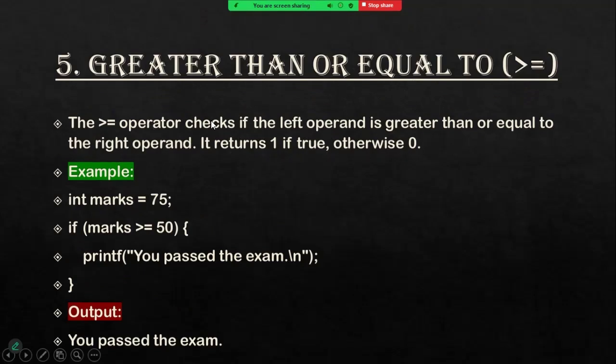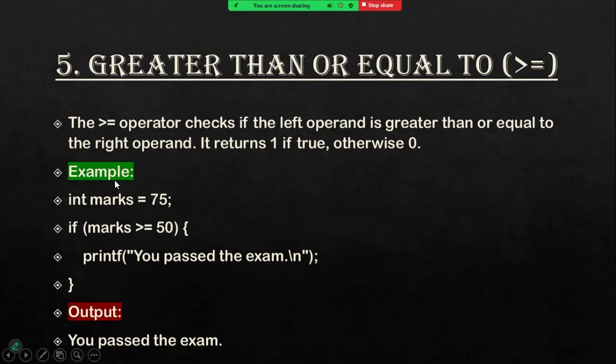So 75 is greater than but not equal to 50. So it returns 1. If it is greater than or equal to 50, then it returns true. Otherwise, it returns 0 or false.